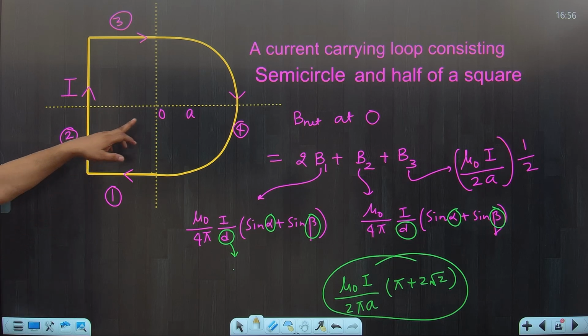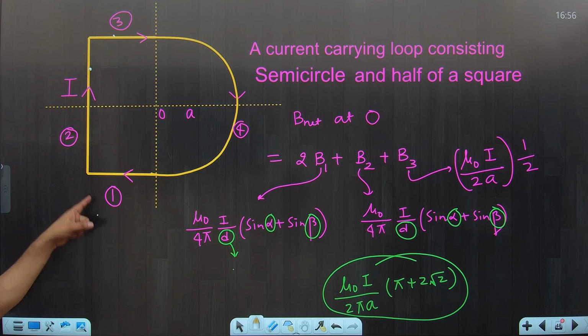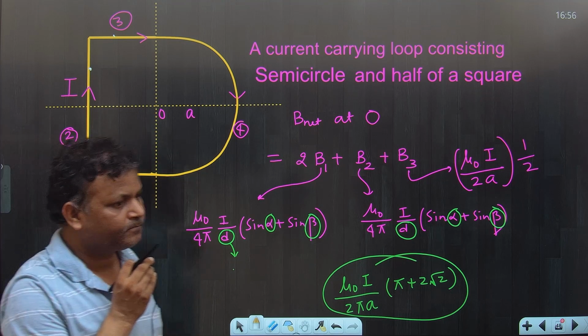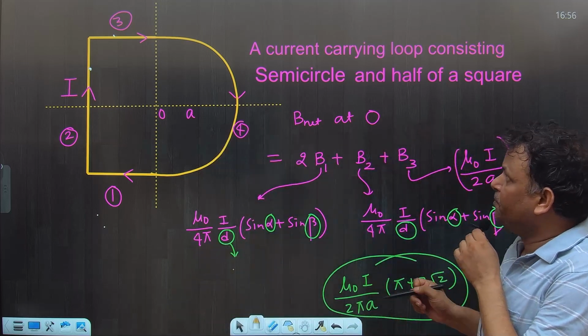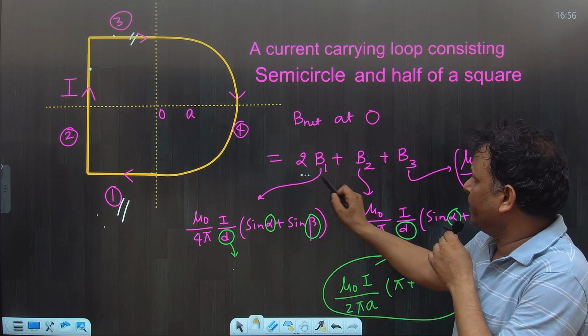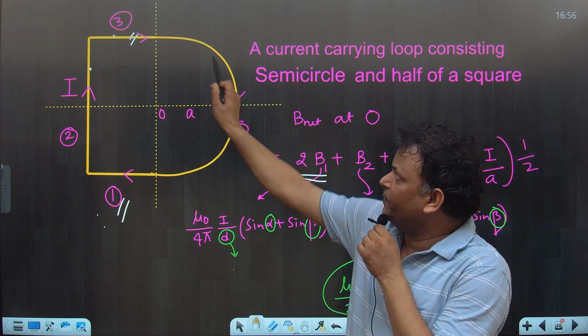So for point O, B3 and B1 are symmetrical, right? So you will write your answer as 2B1 plus B2 plus B4, where B1 and B3 give 2B1 and B4 is due to this semicircle.